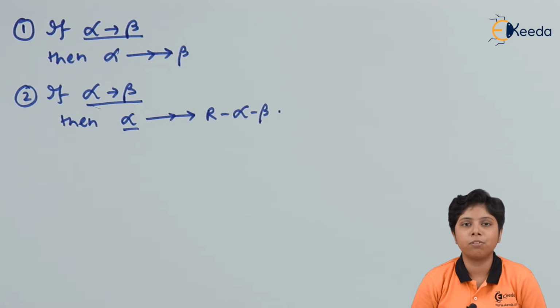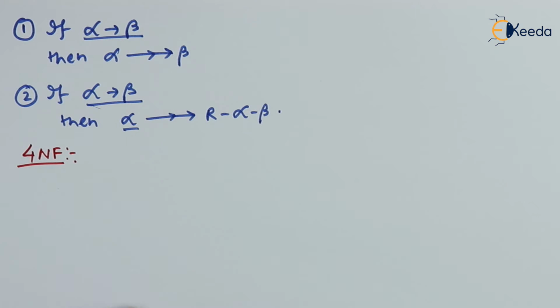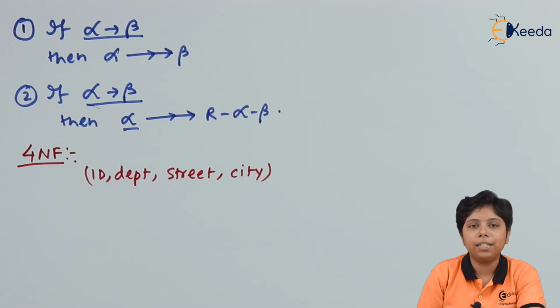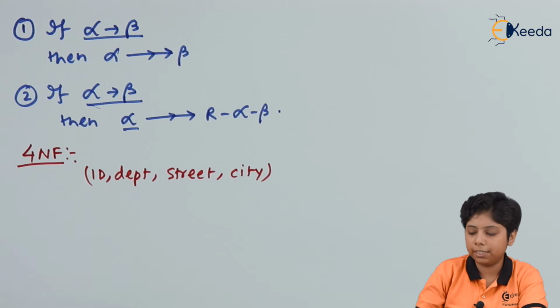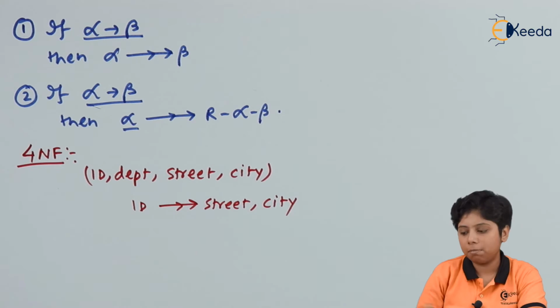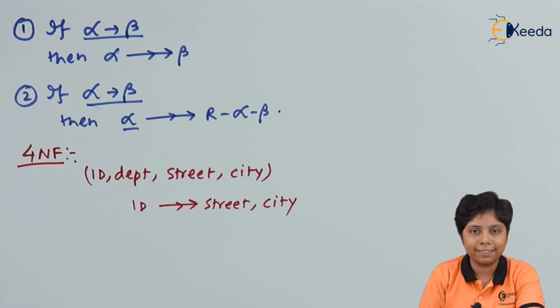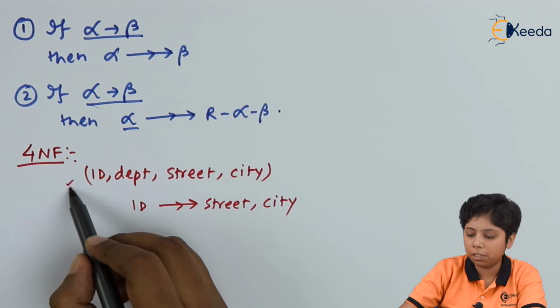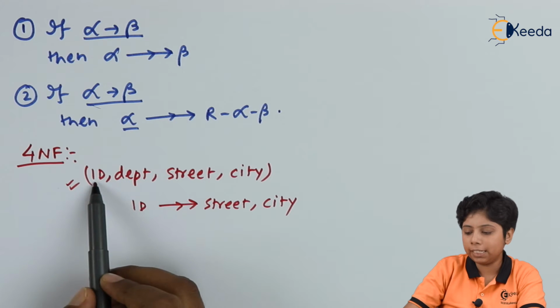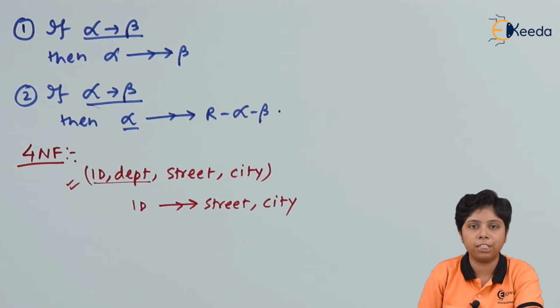Now let us look at the relation of the instructor department again. Now there holds a multivalued dependency ID multivalued depending on street and city. Now if it is lying, then we can say that it is absolutely fine to have in BCNF, but we cannot say that is a good design because ID defines department is holding here.